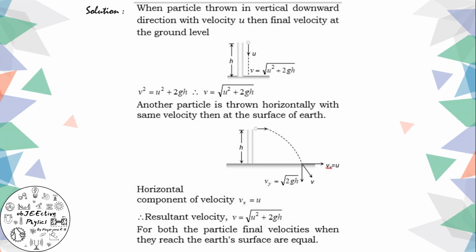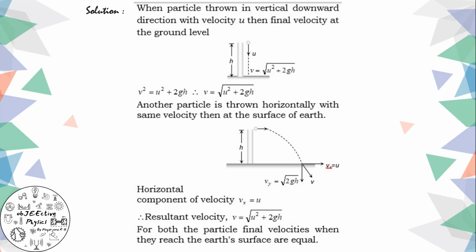When a body is thrown vertically downwards with velocity u, it gains velocity by reaching the Earth. According to the third equation of kinematics, we can write v is equal to square root of u square plus 2gh. In the second case, when a body is projected horizontally with the same velocity, at the starting point there is no vertical component of velocity.